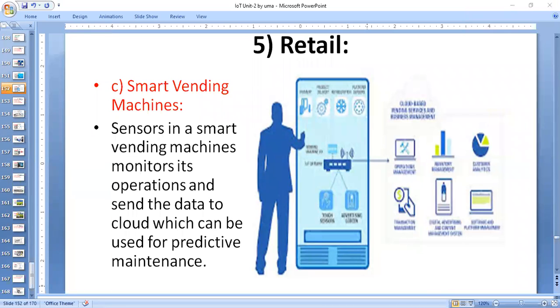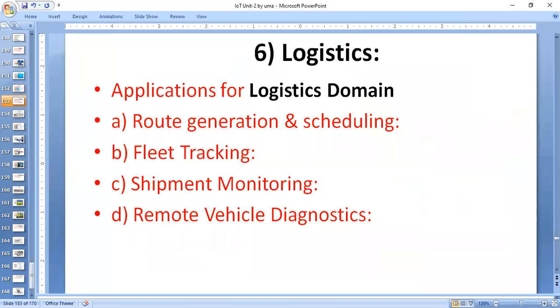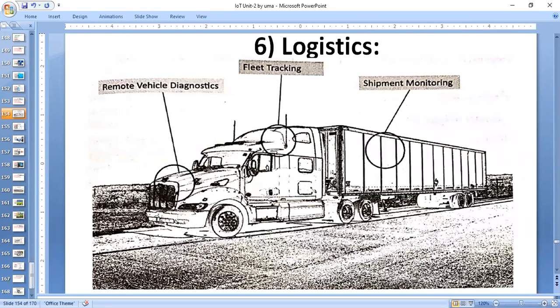And then coming to the next important one, logistics. The applications for logistics are route generation and scheduling, fleet tracking, shipment monitoring, and remote vehicle diagnostics. These are all different applications for logistics. Logistics, for example, means transportation.